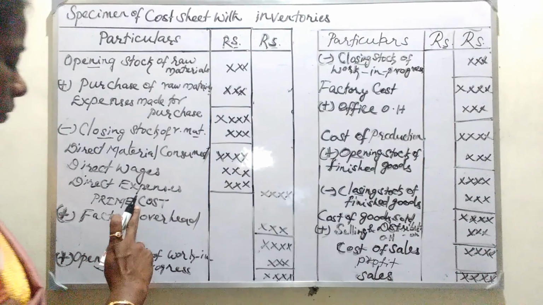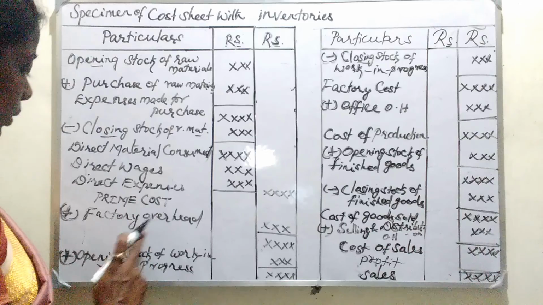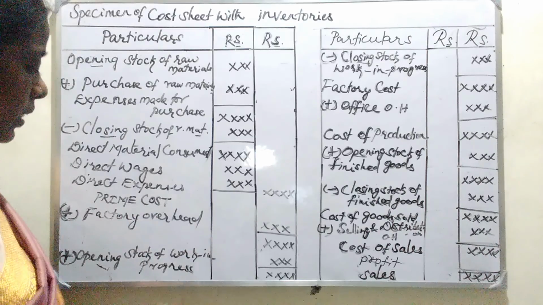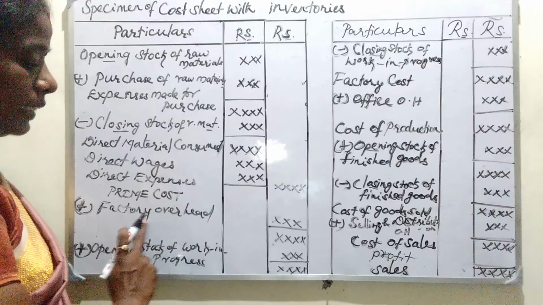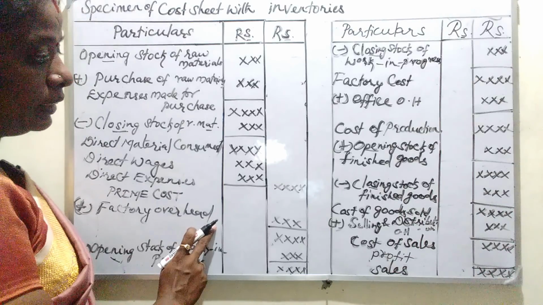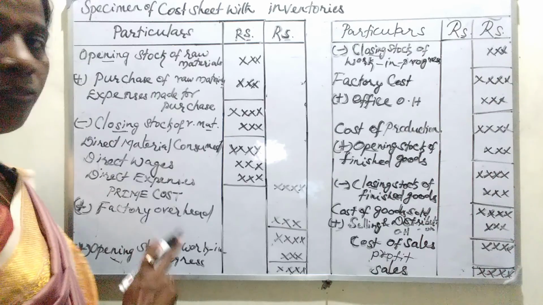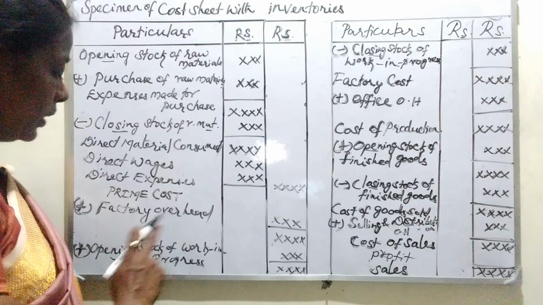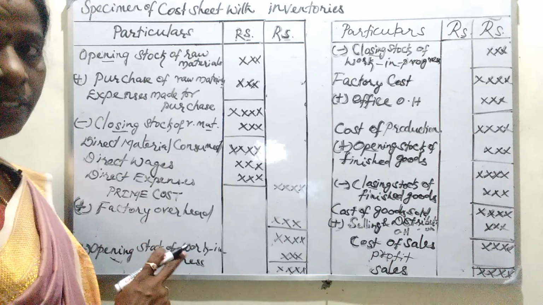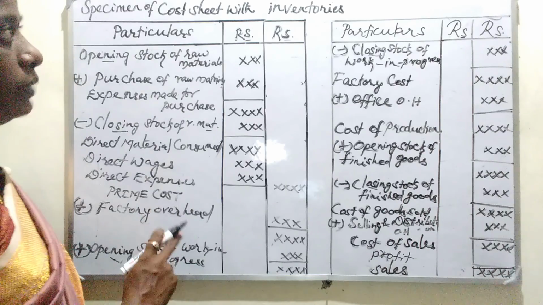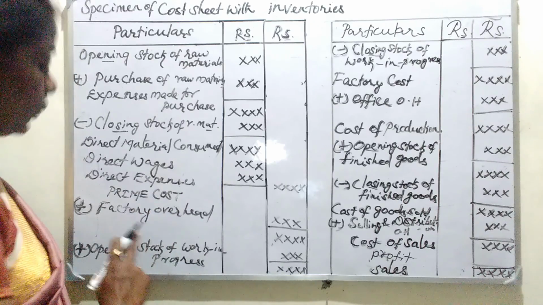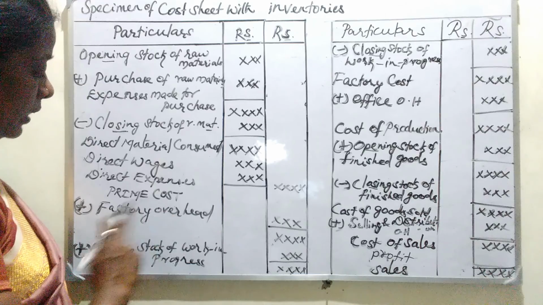Next, we add the prime cost with the factory overhead. Factory overhead is the aggregate of factory expenses. In the cost sheet specimen, each and every expense which comes under factory overhead was given. But in this specimen with inventories, it is given as a whole.